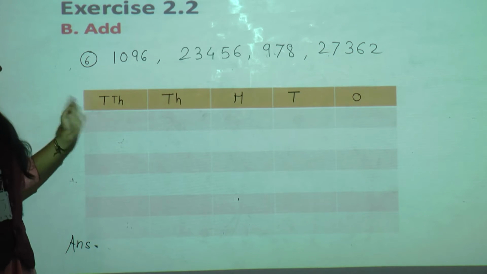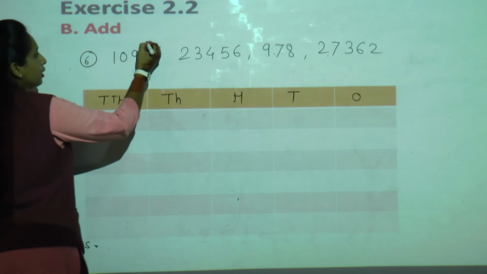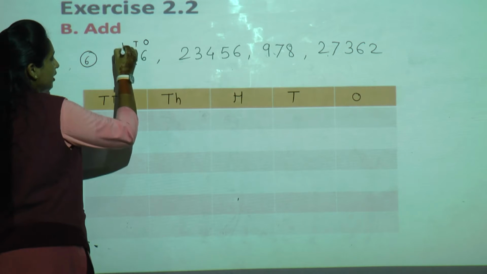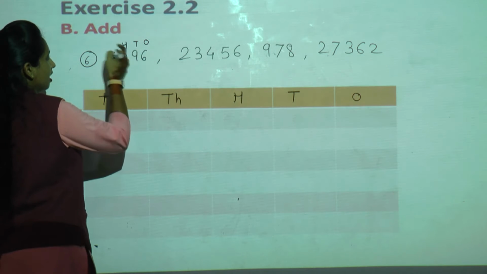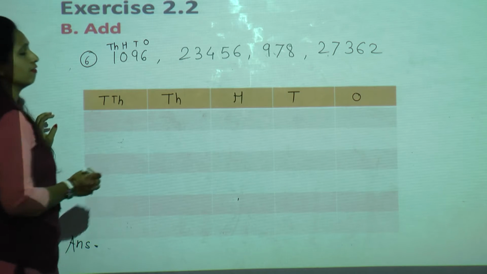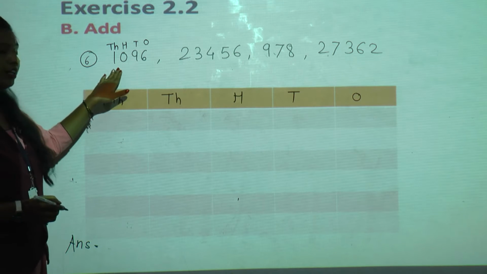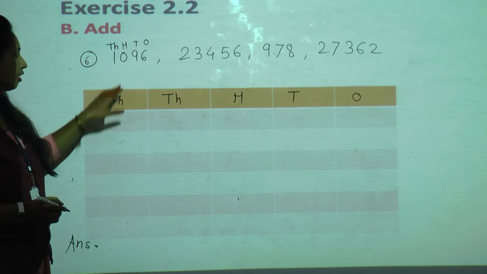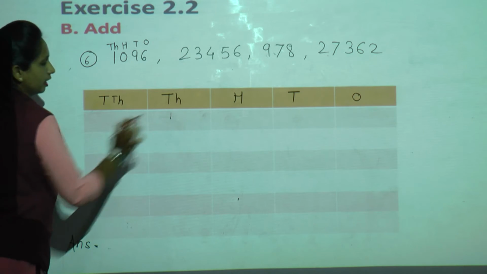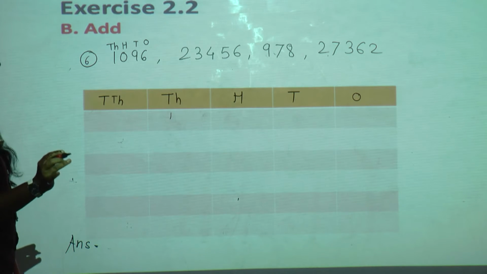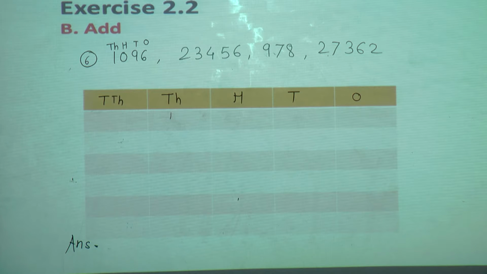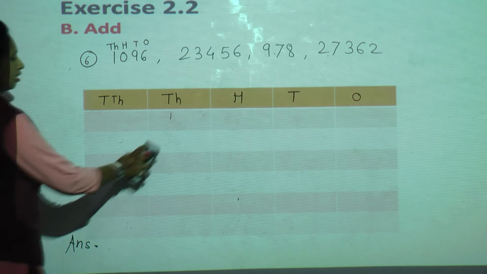100, 1,000, 10,000. See what you can do, students, give the place value to each number. You can do in your mind also, but if you will start writing without doing that, everything will go wrong. Okay, so don't hurry and don't be confused.